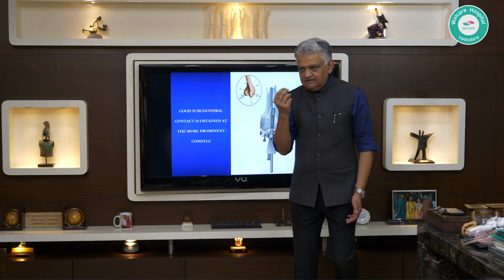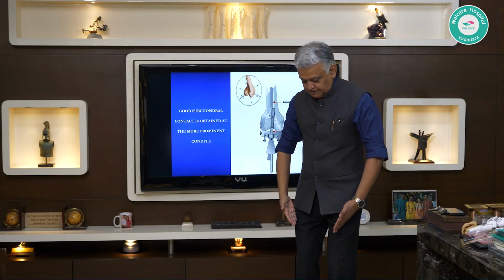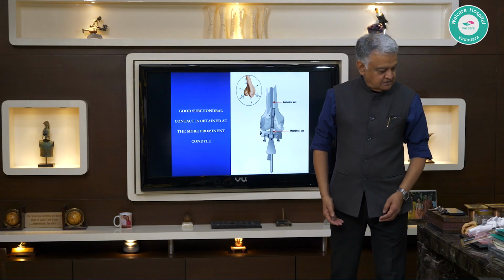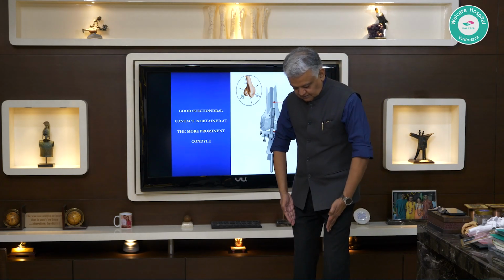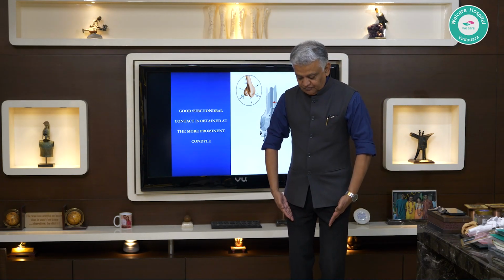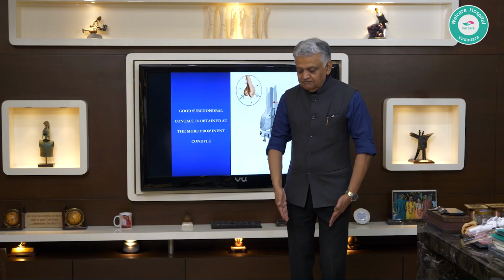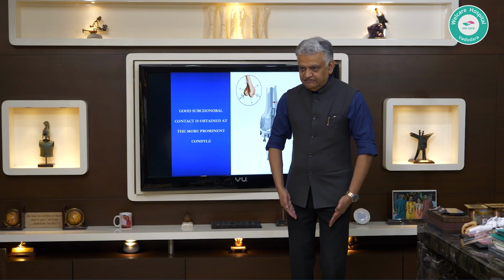So again I am starting from here. This is my anatomical axis, but I want my knee joint components to be oriented in such a way that my joint line is at 90 degrees to the mechanical axis.